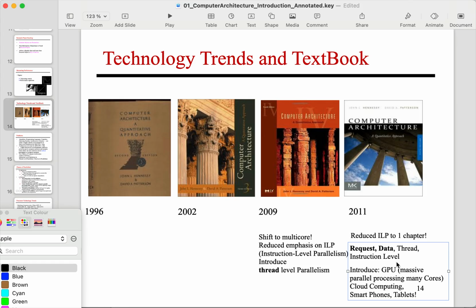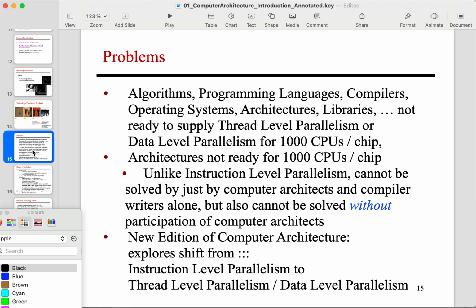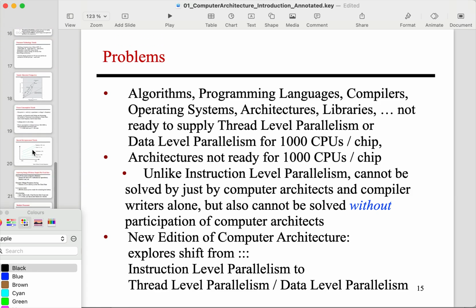More attention was given to request-level and data-level parallelism, as well as thread level parallelism, and to moving from CPUs to GPUs. What are GPUs? They allow massive parallel processing, as they have many cores. The subjects of cloud computing, smartphones, and tablets were also introduced in this version, and there we have the newest version of the book. You can see even the textbook is going through its own evolution.